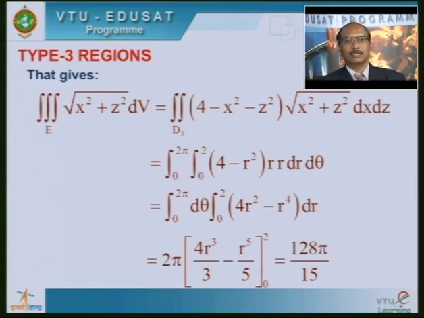So, once you get a circular region, we convert to polar coordinates. That way this problem is solved. You can see the integrations are very simple after changing to polar coordinates. Otherwise, with respect to z and x, it is a little too difficult. So, changing to polar, we get simpler equations. So, this is 128 pi upon 15.